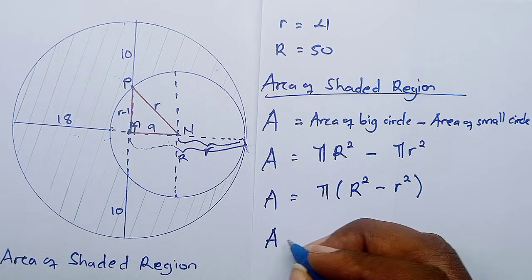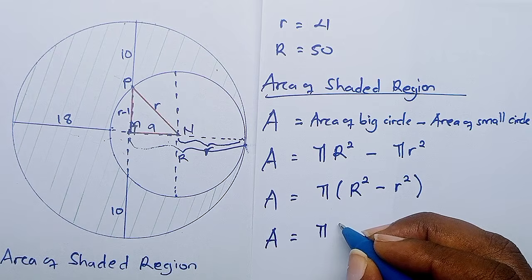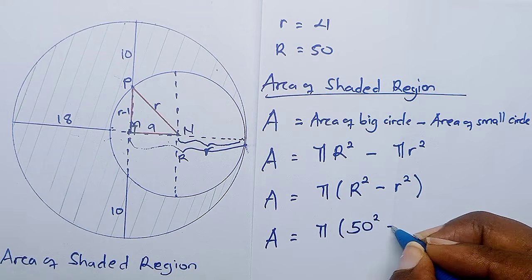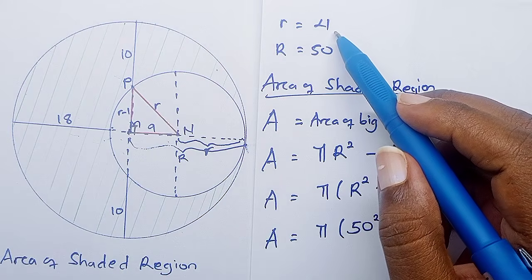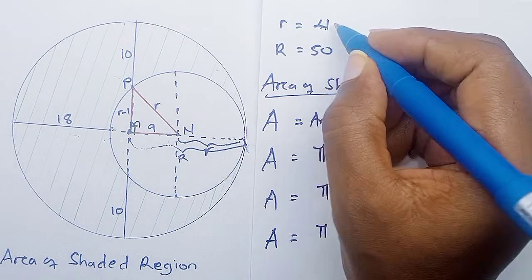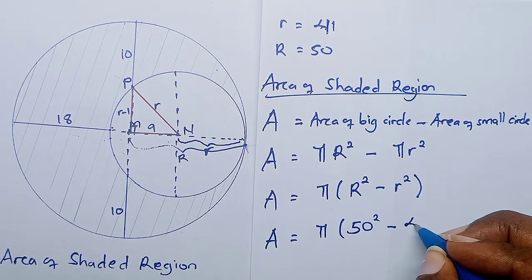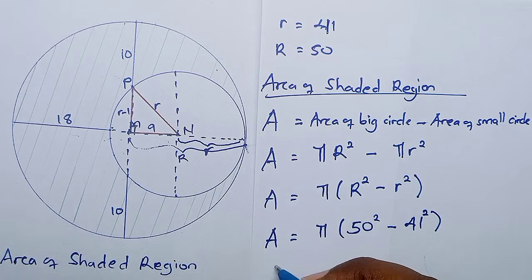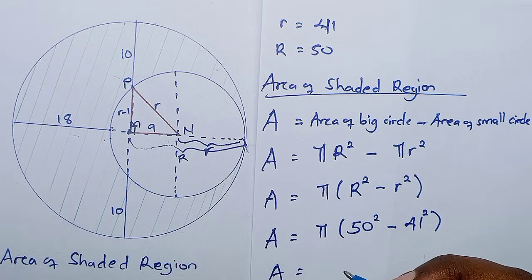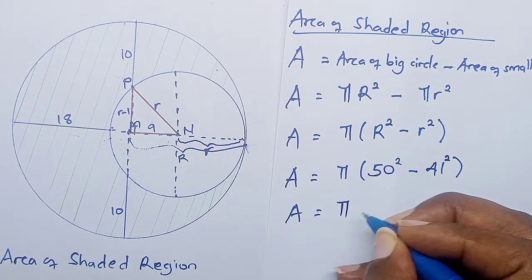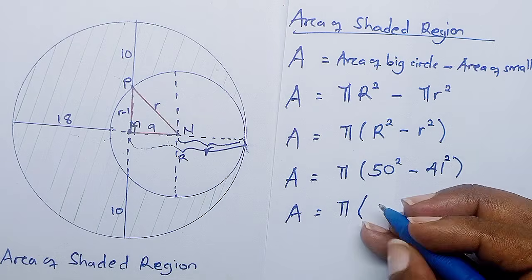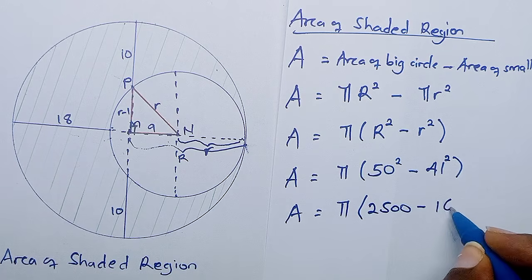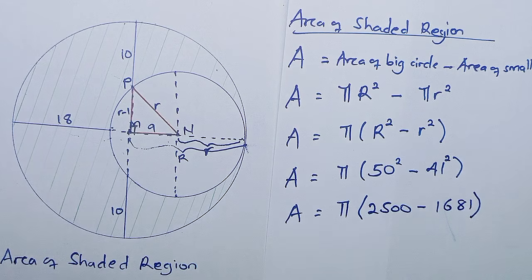So area is equals to pi into. Remember our capital R is 50. So 50 squared minus, and our small r is 41. So minus 41 squared. So area is equals to pi into 50 squared is 2,500 minus 41 squared is 1,681.